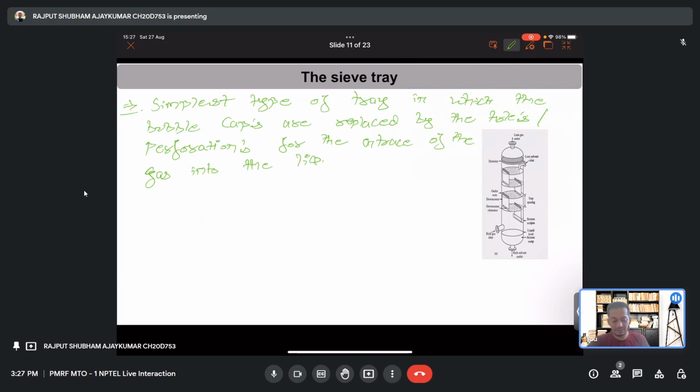Okay, so this is the sieve tray, and the holes are relatively small in diameter compared to the bubble cap trays.